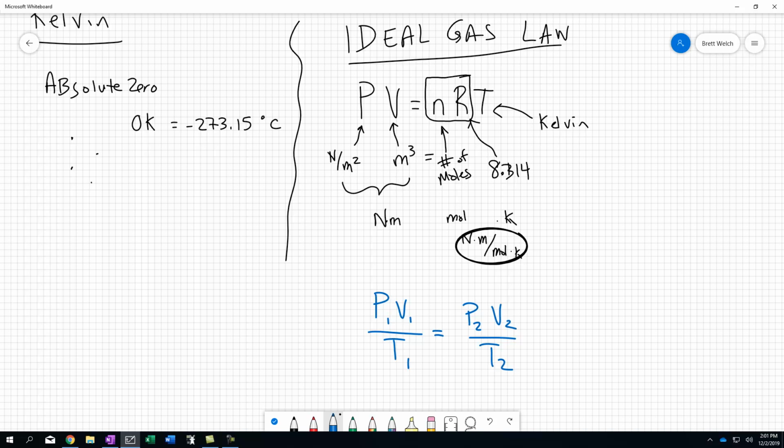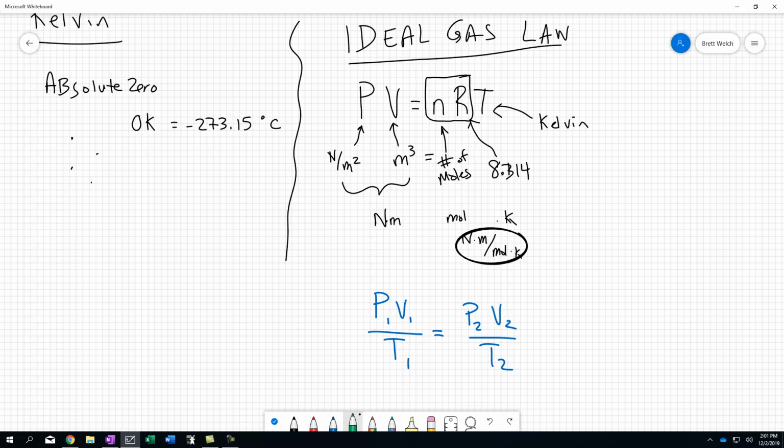I might also notice a change in the pressure, how firm the balloon is. If the balloon's smaller, maybe the pressure also dropped. Or maybe the pressure increased. Maybe it's firmer because I can't squish it as much since it's already so small. And so what we notice here is that this becomes a very solvable problem.